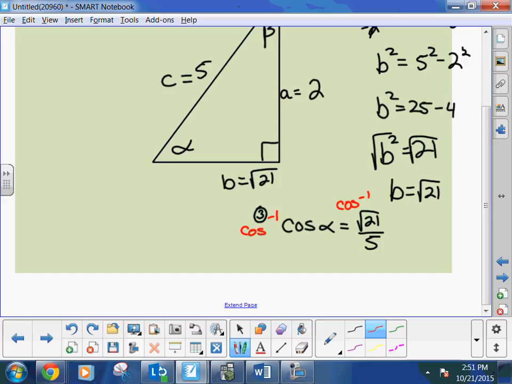The benefit is that we can cross out the cosines, because that's what the inverse and the cosine do to each other. Importantly, it isolates alpha. So I'm left with cosine inverse of the square root of 21 over 5. Go ahead and write this down, because the next step is just to get the angle, and that's going to be provided by our calculator.